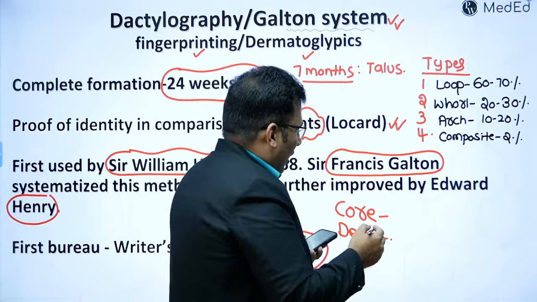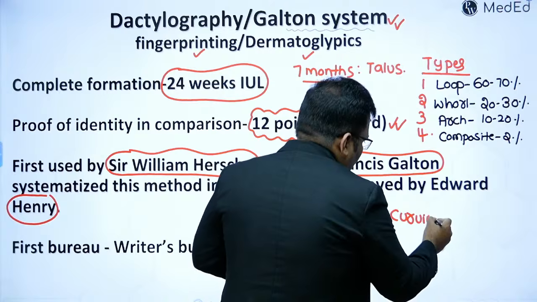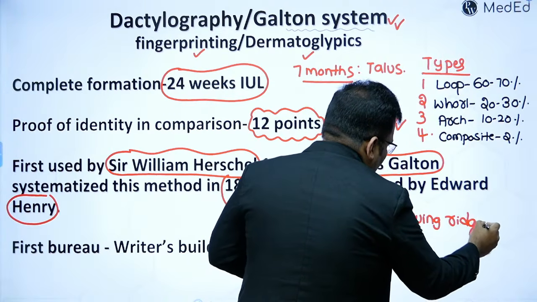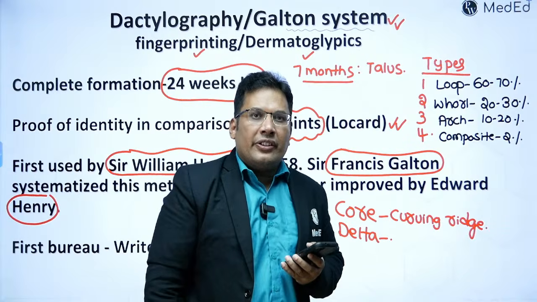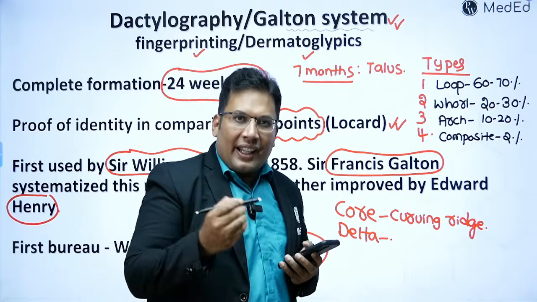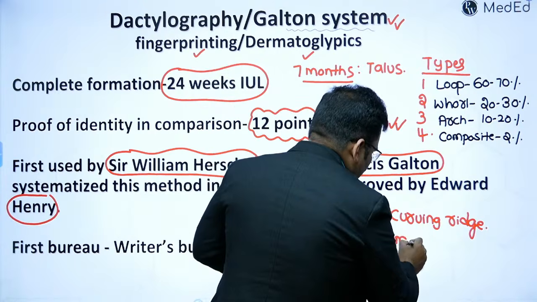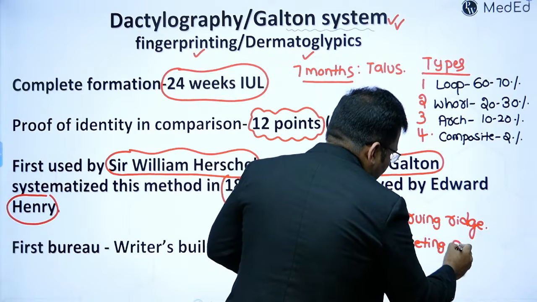Okay, it's a curving ridge. Delta means 3-directional meeting point. It's a meeting point.